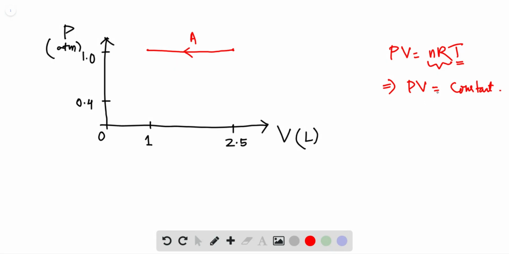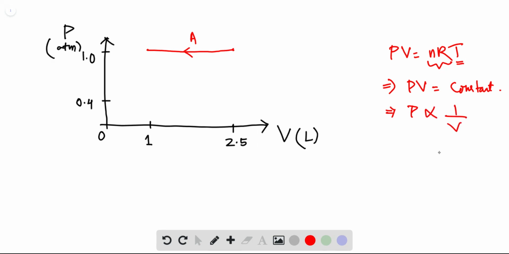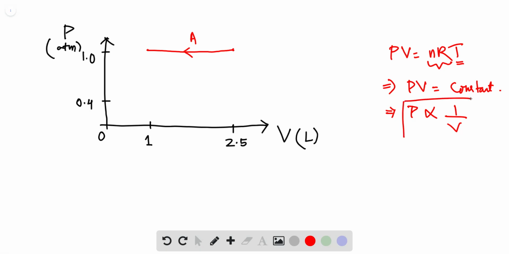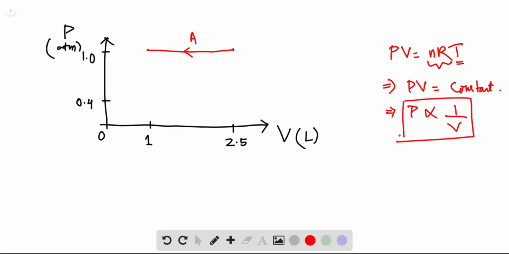So for the process of isothermal expansion, we must have volume increasing if pressure is decreasing, because now pressure becomes inversely proportional to volume. So our path for this particular process should follow this condition.